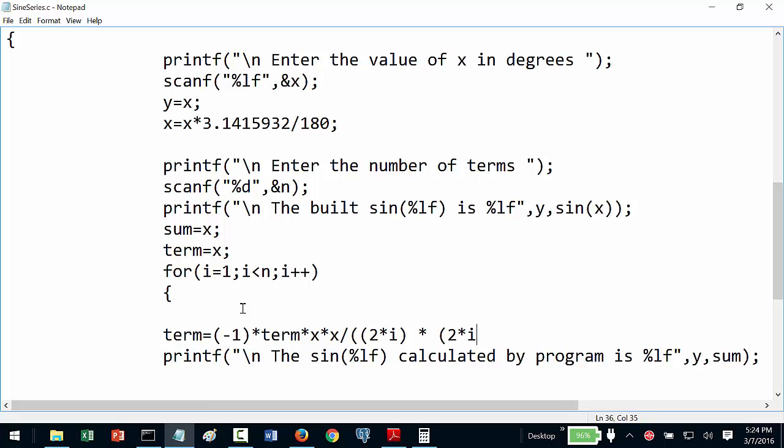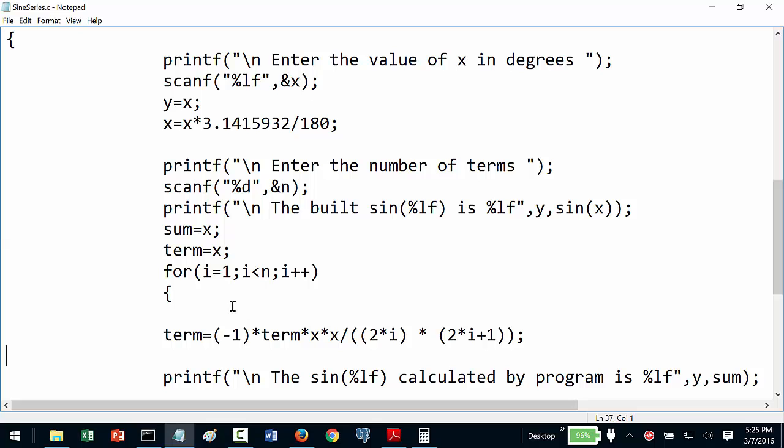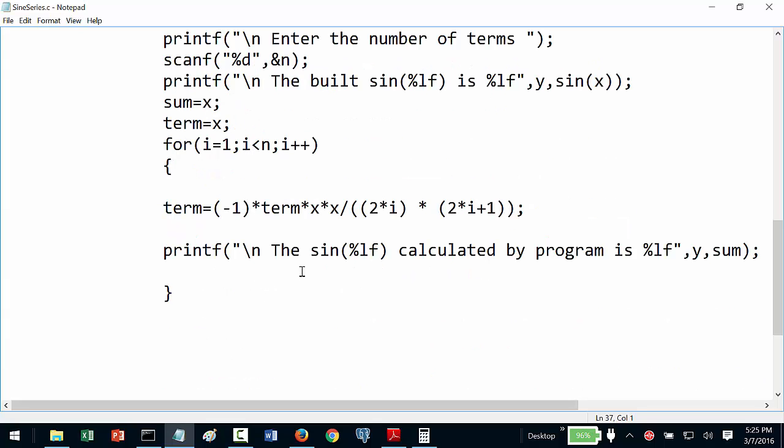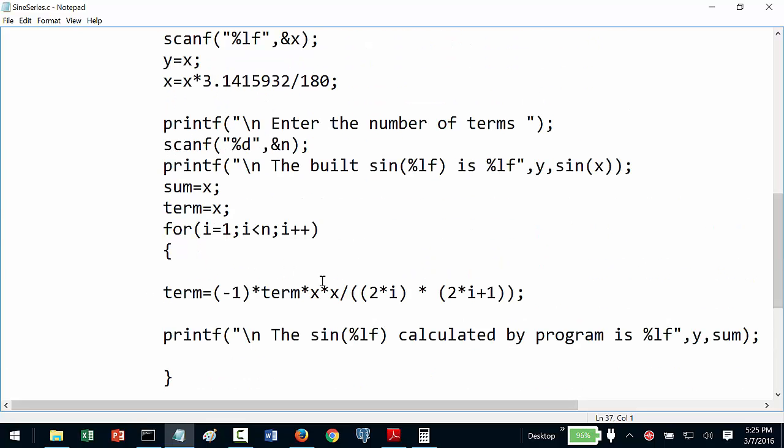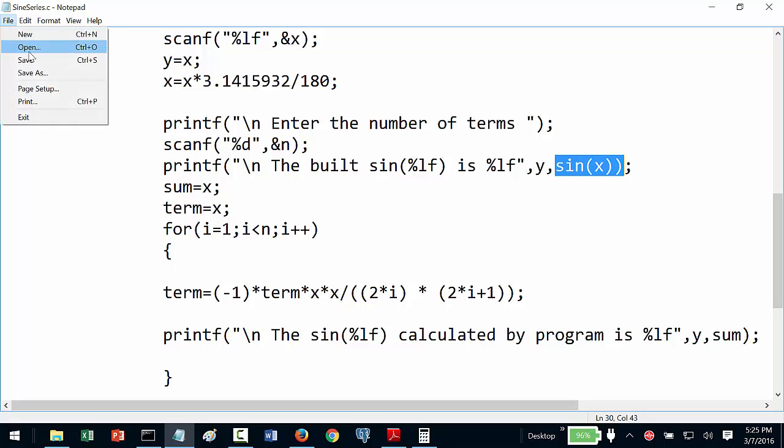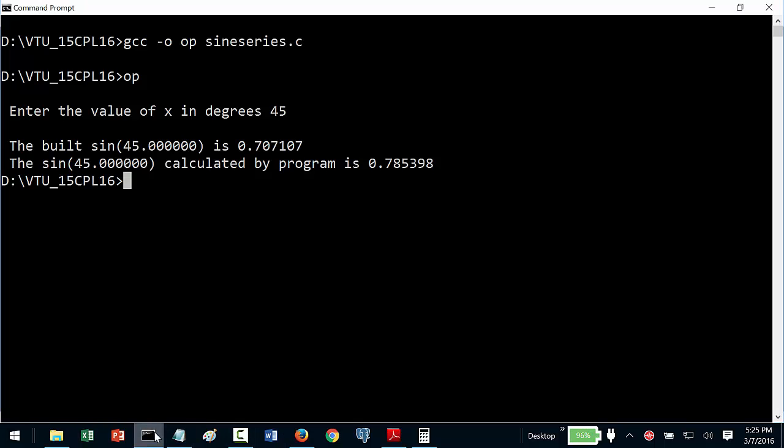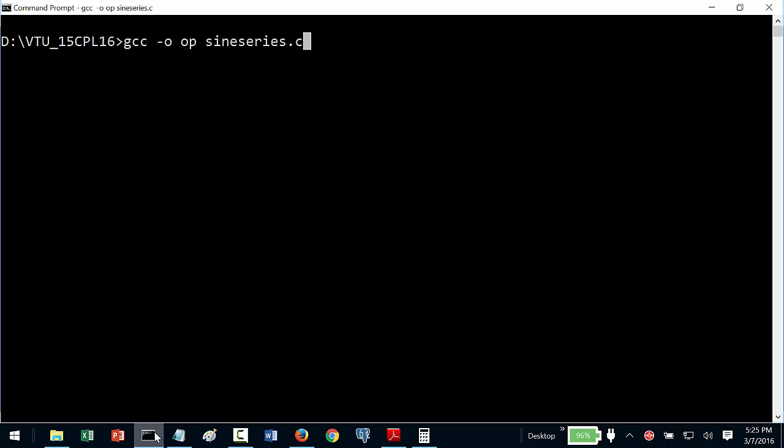Okay, this should be fine, right? So we will see, if there are no syntax errors, how this sum starts nearing our sine of x. Okay, so let us save this and do the GCC.